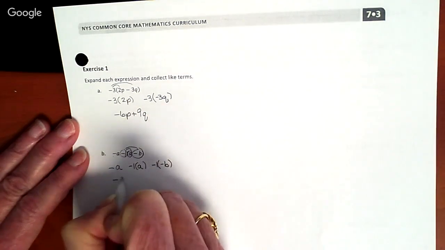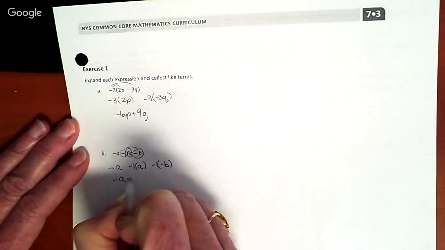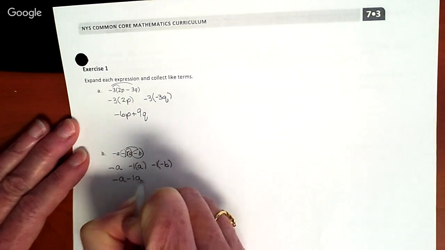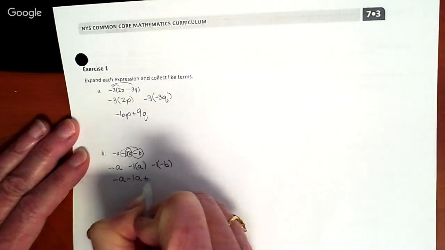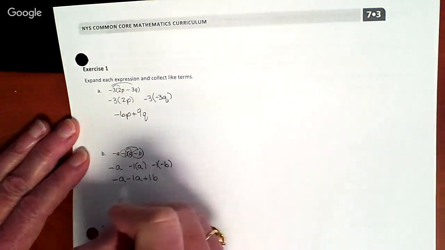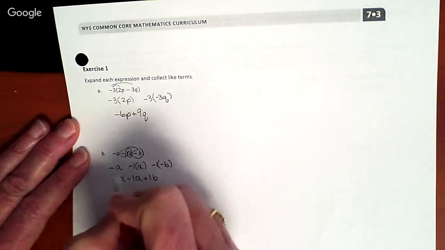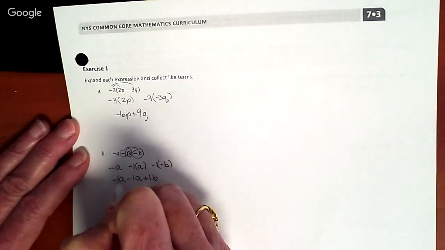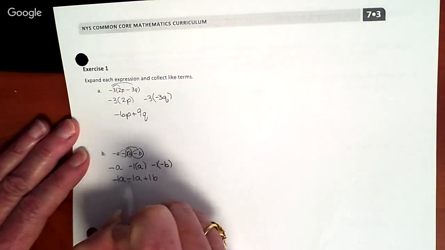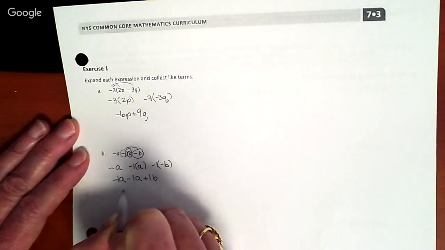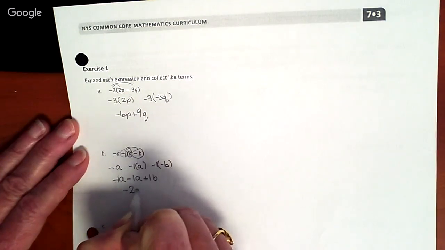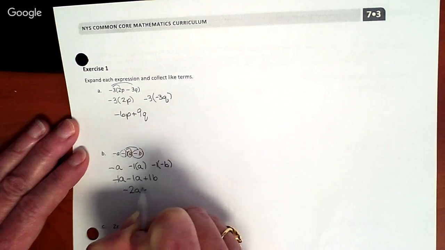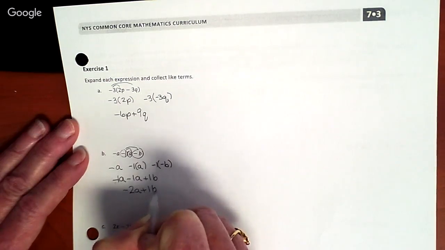So we have negative a minus 1a plus 1b. So negative, and again, because this is negative a, there is a 1 here. So negative 1 minus 1 is negative 2a plus 1b.